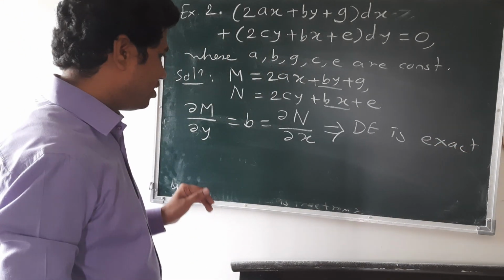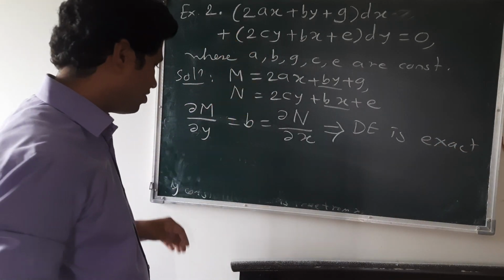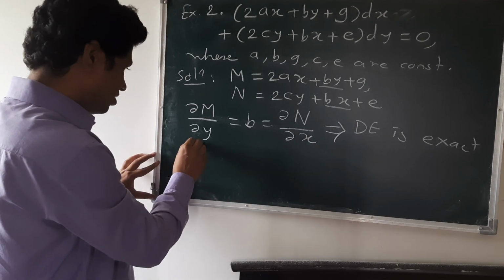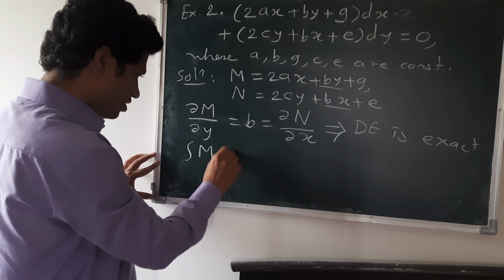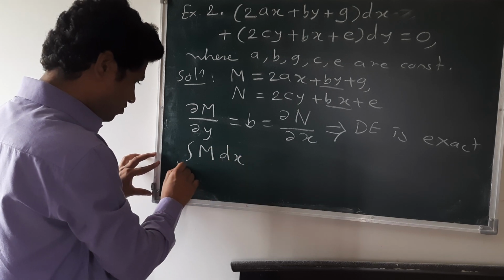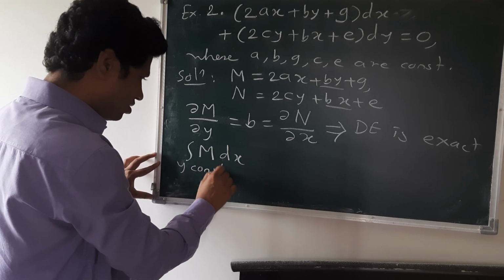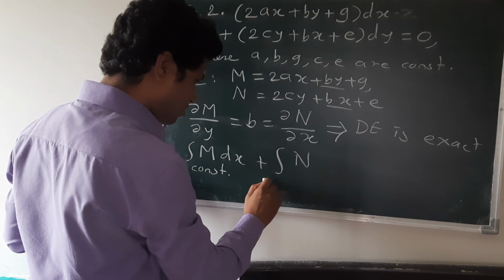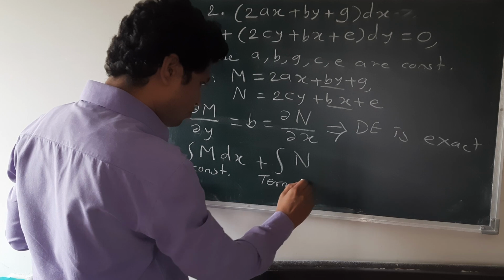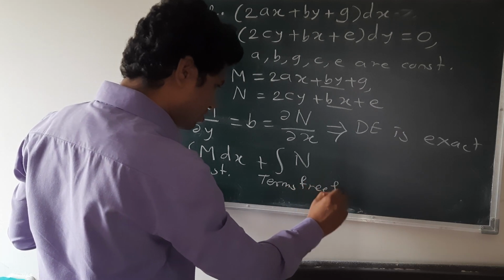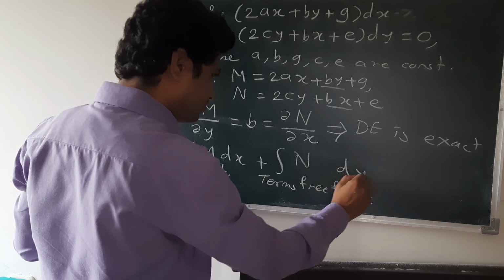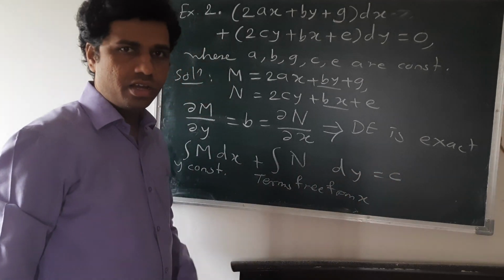Now to find solution of this differential equation, the formula is integrate M with respect to x keeping y constant plus integrate those terms in N which are free from x. Integration is with respect to y equal to constant of integration.